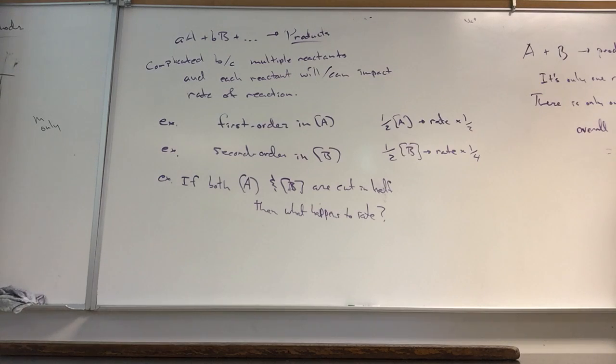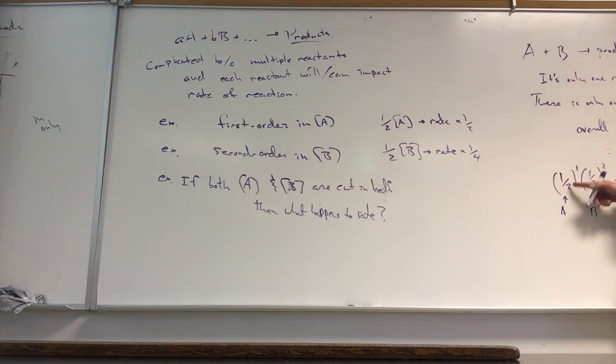is 1/8 the original. And so how do I get 1/8? It comes from 1/2, to the first order, this is A. This is B. I take 1/2 of B, but it's second order.